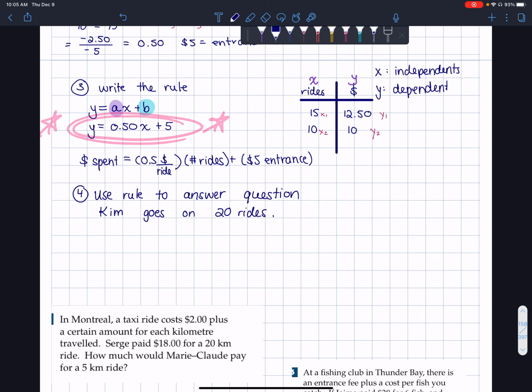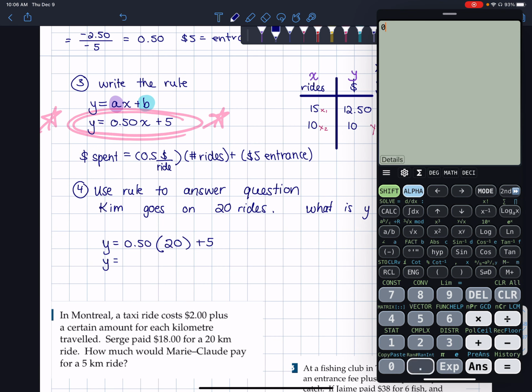So the question you're answering is, what is Y when X equals 20? That's the question. So you take your rule. In the place of X, you are putting the 20. And now all you have to do is the math. So you take your calculator, 0.5 times 20 plus 5, $15.